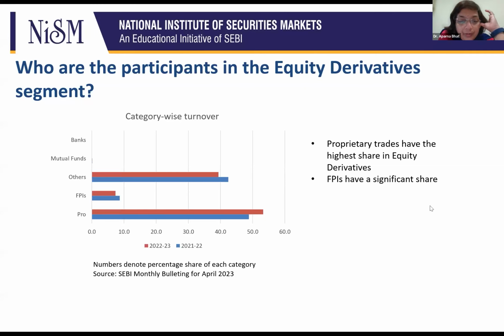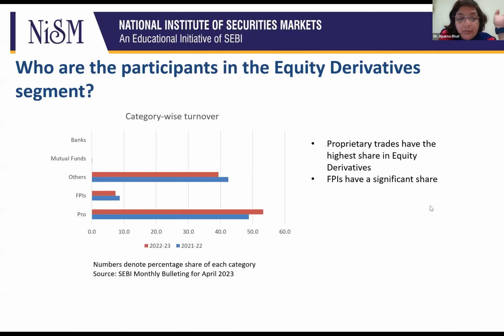And what do you find here? Very interesting. I've given comparative numbers for the last 2 years. The share of the proprietary traders is more than 50%, whereas the share of others is almost 40%. Others includes the retail investors, corporates, HNIs and all that.